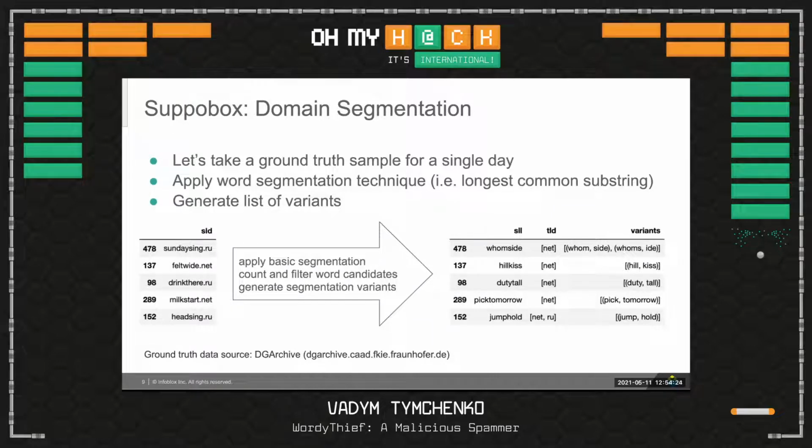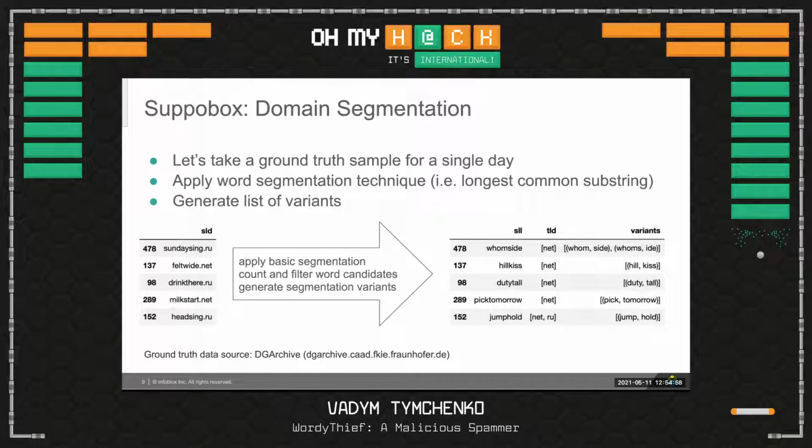And then we generate a list of variants of how words from the dictionary DGA might be segmented. On the right side, we see that in the majority of cases, we have a unique combination, a single variant detected, but in some cases, alternative variants are found. This represents a problem because alternative variants might form a smaller dictionary, which also seems to be correct.